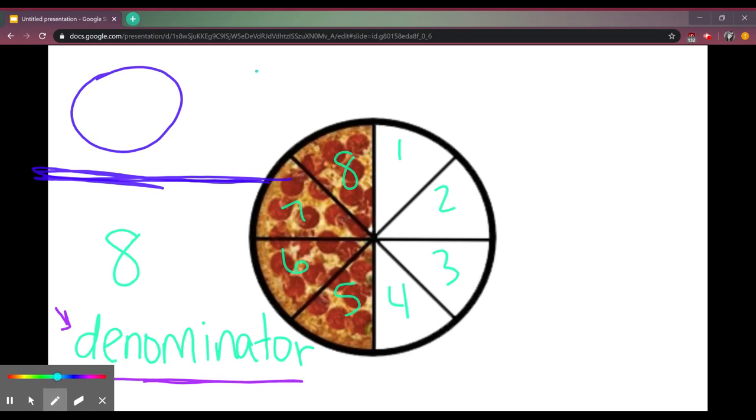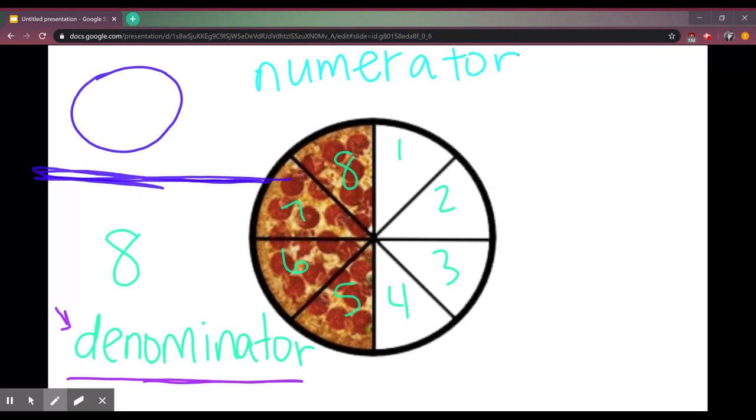Our top number is called a numerator. Our numerator tells us how many pieces of our whole object were taken or colored in or used or whatever. In the case of this pizza, it'll be how many of the pieces were eaten, how many is missing, or it could be how many is left.